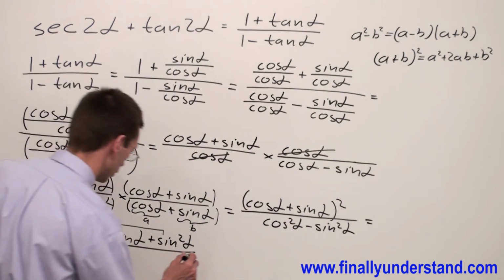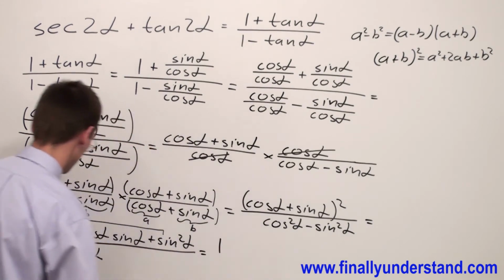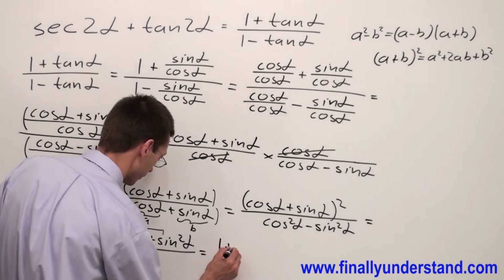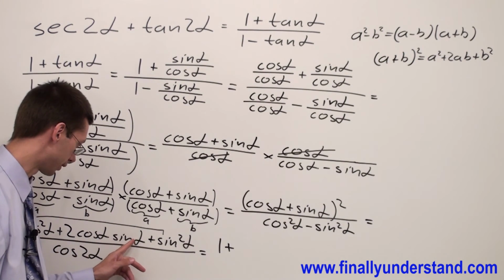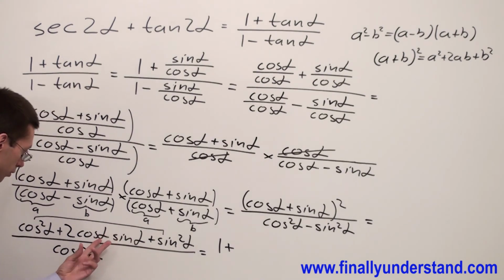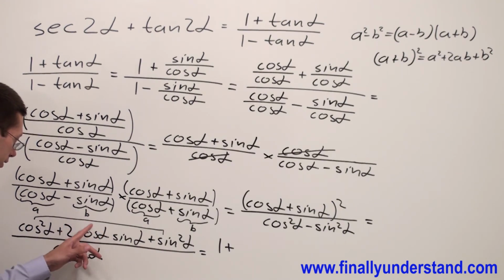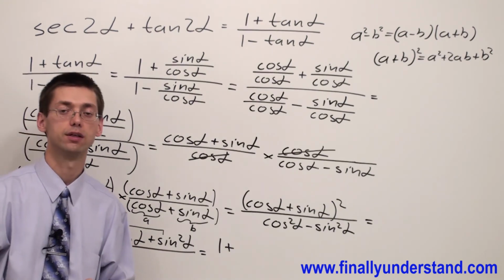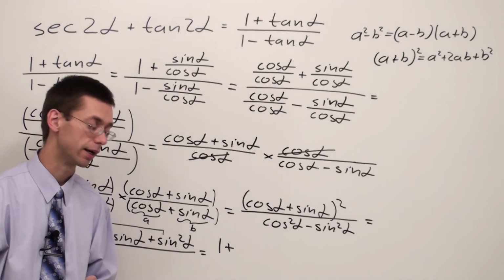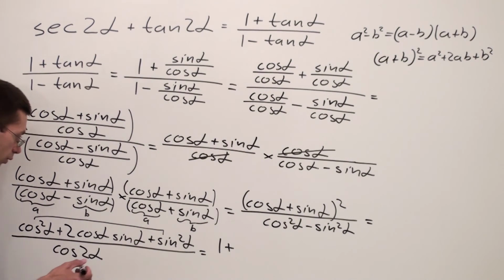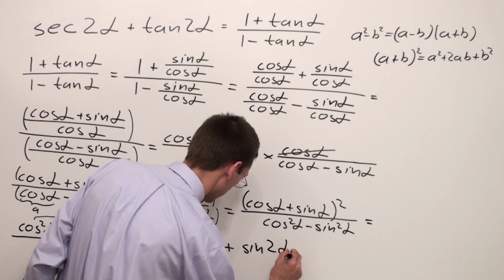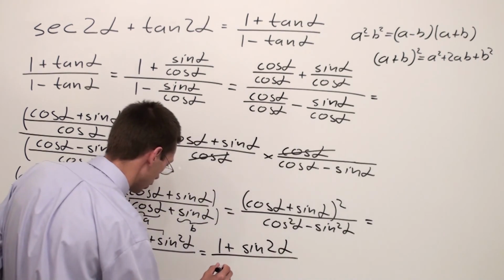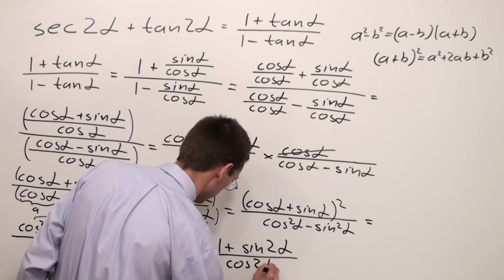That's why I'm going to write 1 in the numerator plus 2 cosine alpha times sine alpha. You can change the order of sine alpha and cosine alpha, and 2 sine alpha times cosine alpha is nothing else, just the sine of twice an angle. That's why I can rewrite this as sine 2 alpha. Everything over cosine 2 alpha.